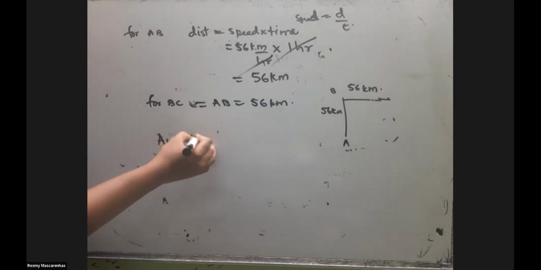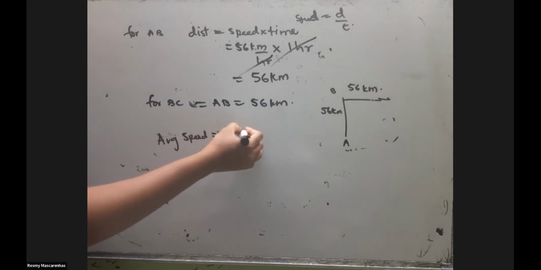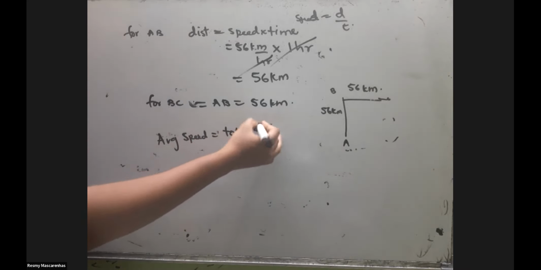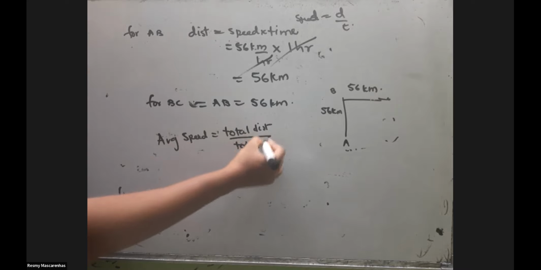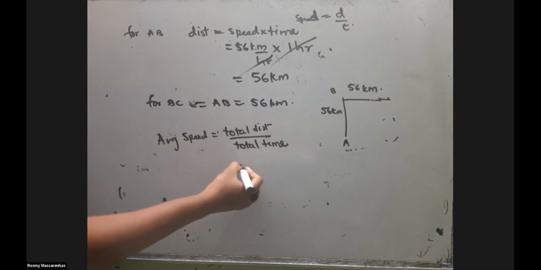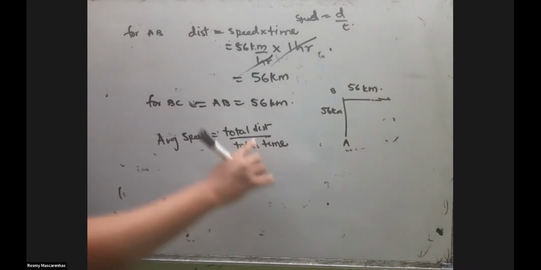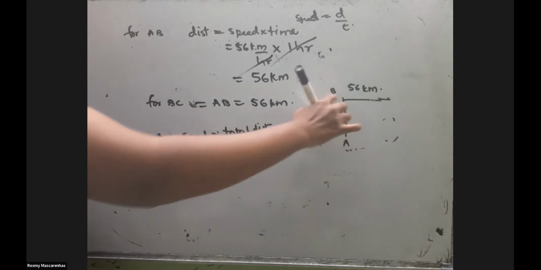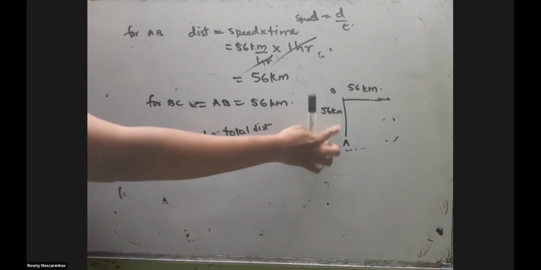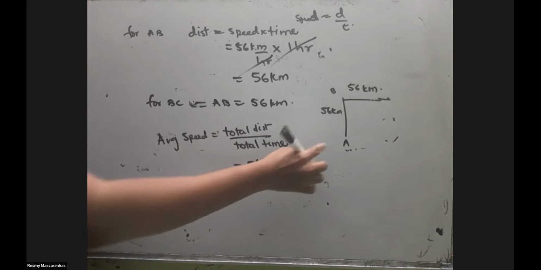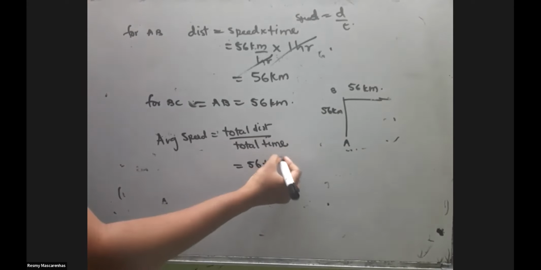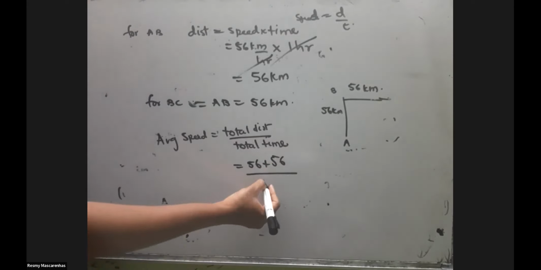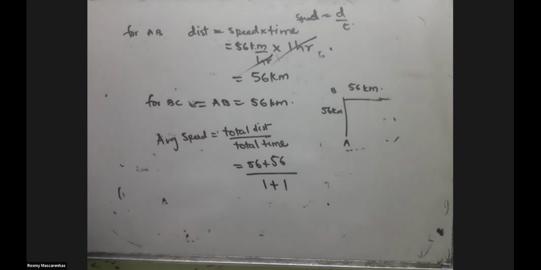Average speed is total distance upon total time. Distance is everything now; this is a scalar quantity for speed. You have to follow the path only, no shortcut. So from A to B is 56, and from B to C it is 56. Total time is 1 hour plus 1 hour.